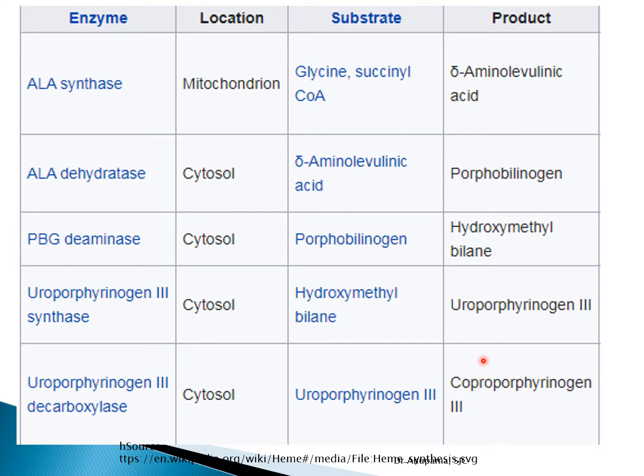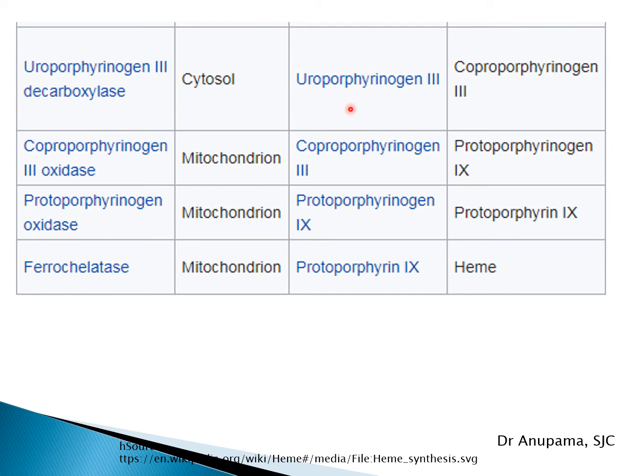The cyclization takes place in the cytosol only, where we get uroporphyrinogen 3, and then this uroporphyrinogen 3 again results in coproporphyrinogen 3. Next is coproporphyrinogen oxidase, which is seen in the mitochondria. Here coproporphyrinogen 3 is the substrate, where you get protoporphyrinogen, and finally ferrochelatase incorporates the iron and results in the synthesis of heme. This heme is transported into the cytoplasm. This is the summary of the reactions once again.